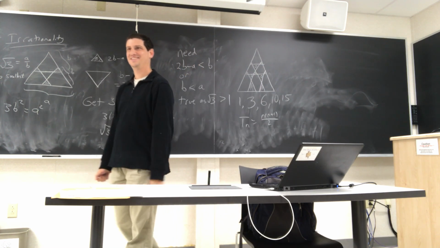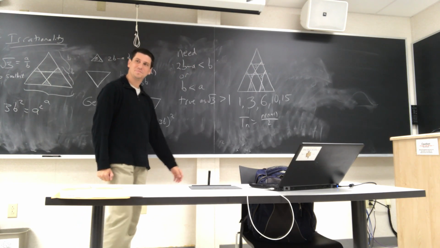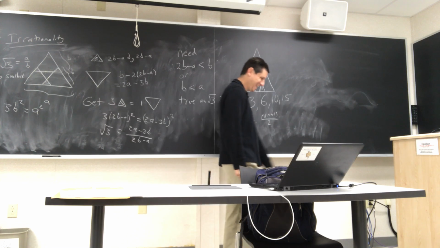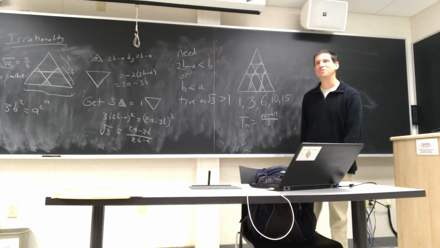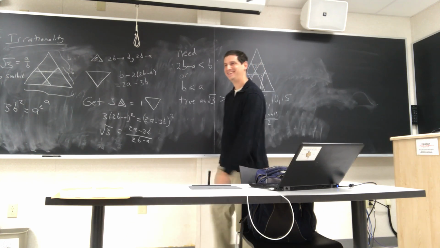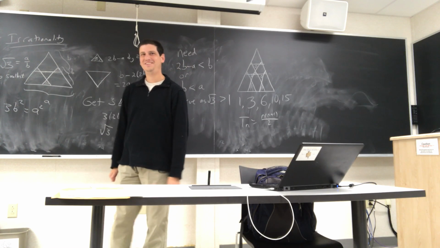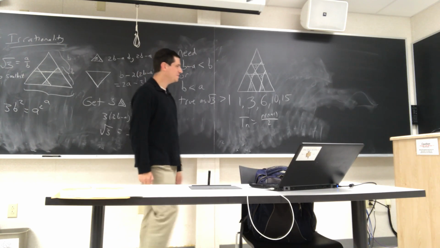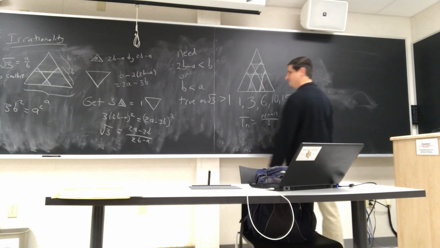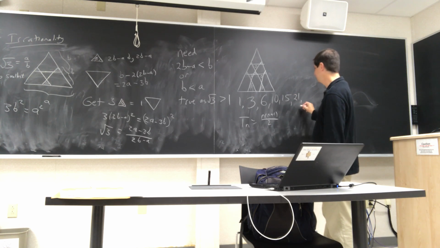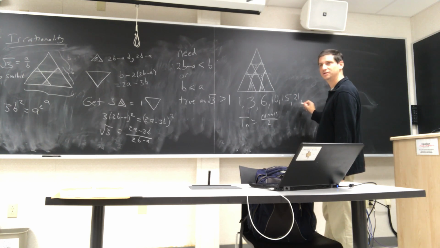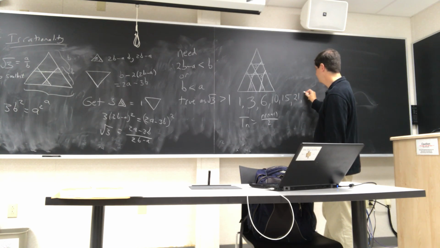What are you looking at? Do you remember what he said? Do you remember where the issue is? What comes after 15? 21. What comes after 21? I'm sorry? 28.